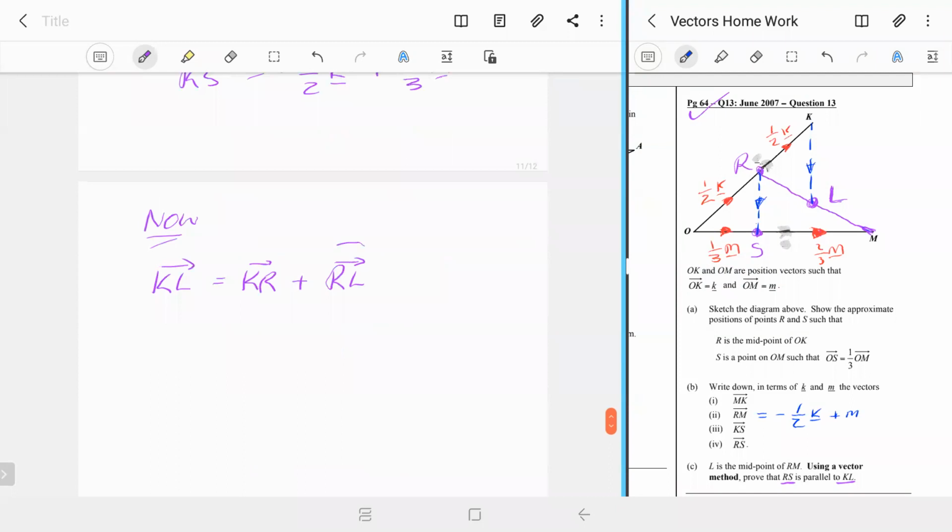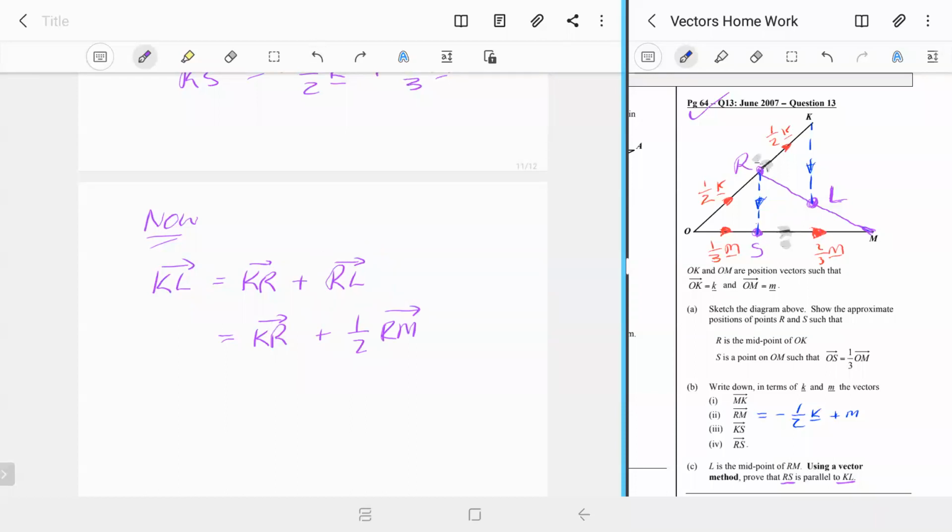So instead of RL, we're going to write half RM. So we're going to write KR plus half RM. It's easier to use half RM instead of RL.